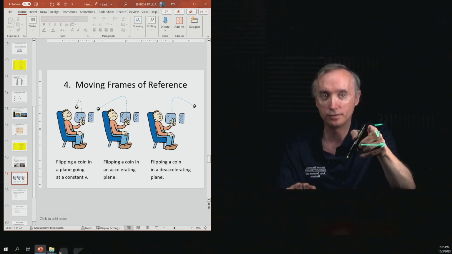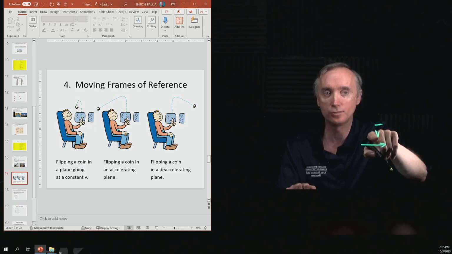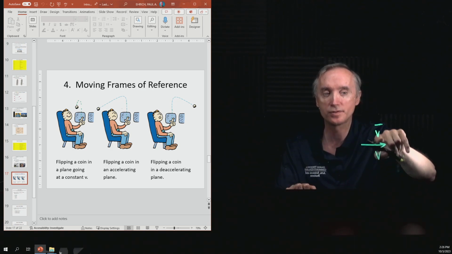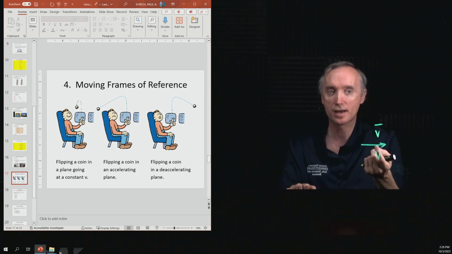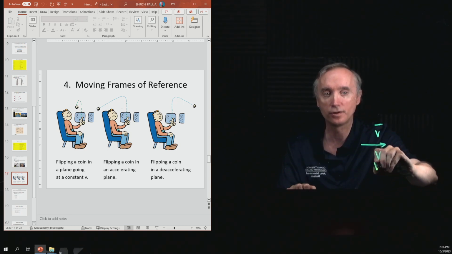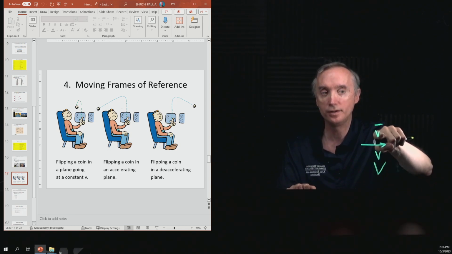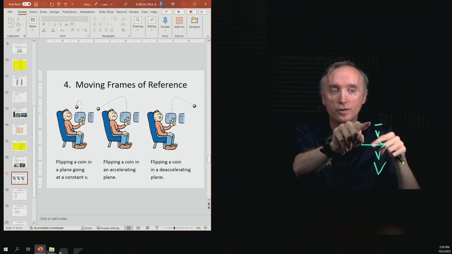But your speed changes. Let's say that this is at time t equals 0. This would be your speed, and I'm going to make your speed the same as the speed of the coin. At the end of, let's say, 1 second, your speed has increased, but the speed of the coin is the same. That means that the chair will have moved further than the coin has.